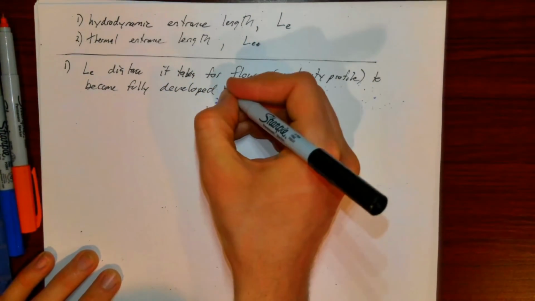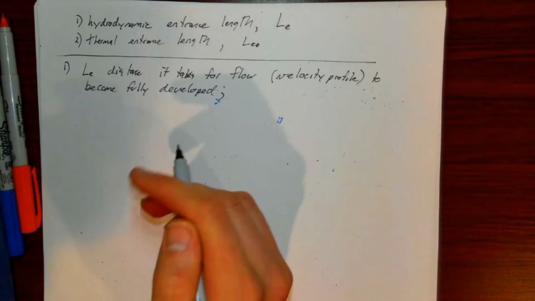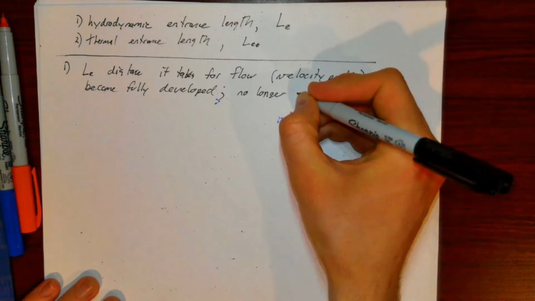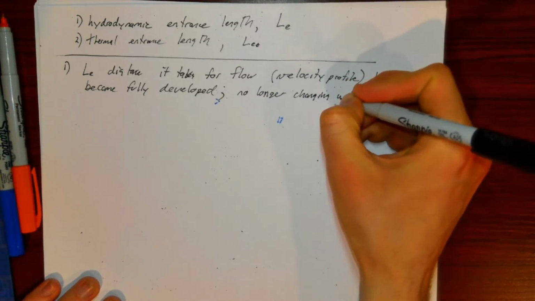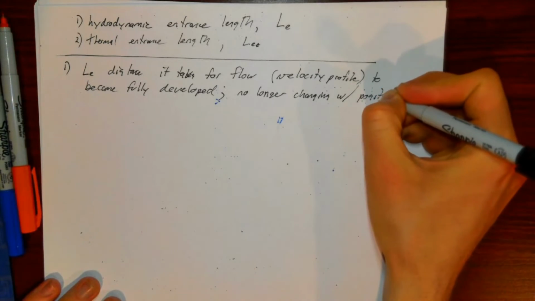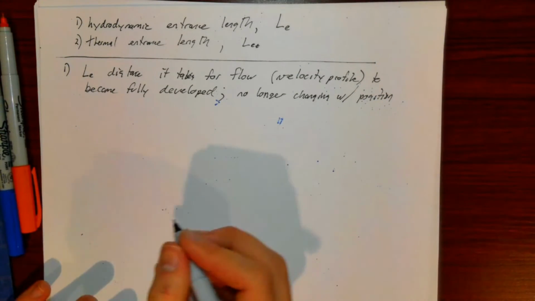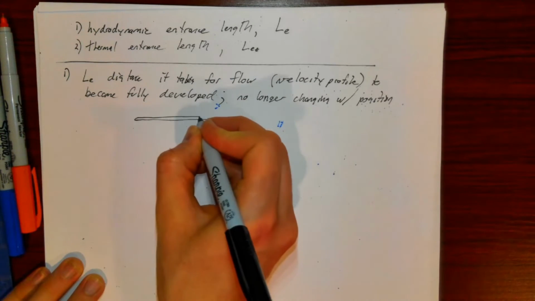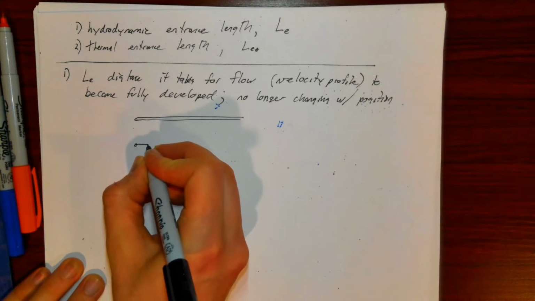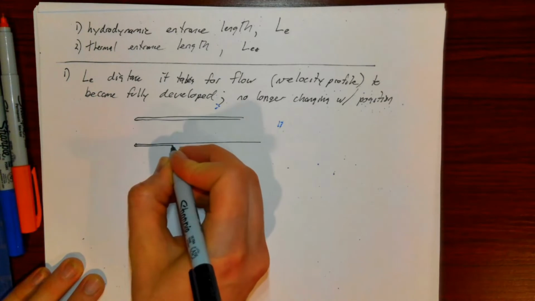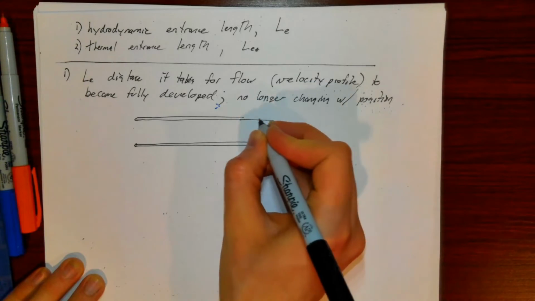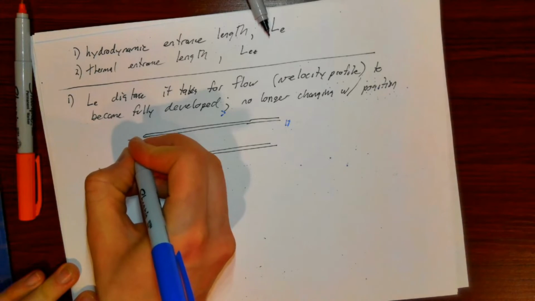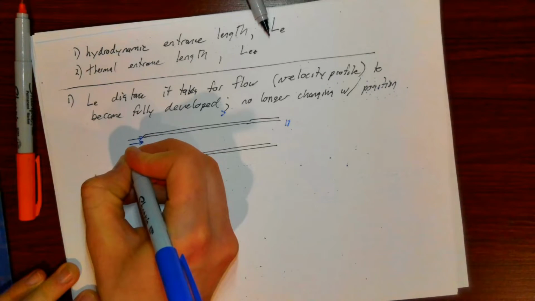And what do I mean by fully developed? I basically mean no longer changing with position. So let's sketch out what I mean by that. Imagine I'm looking at the cross section of a pipe. Here are the walls of the pipe. A lot of times when fluid enters a pipe, it might enter with a roughly uniform velocity profile.